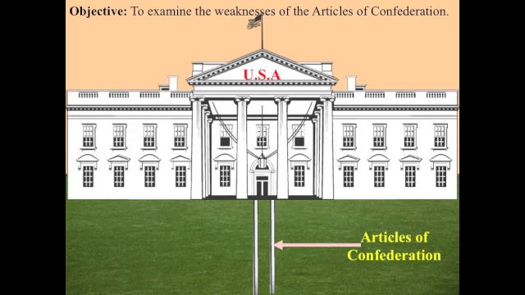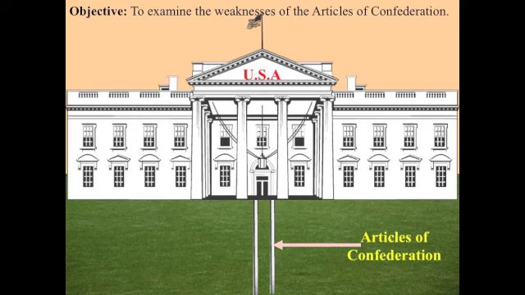The best way to explain what the Articles of Confederation were like is to take the White House, which didn't exist back then, but the Articles of Confederation was trying to support the White House, like in this picture. You can see that it's two skinny things in the middle of it. If we were to actually take two sticks like this and put something on top of them, the house or the object would topple to either side.